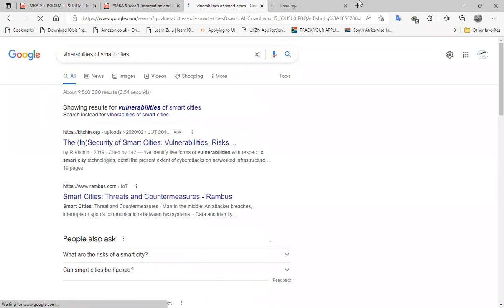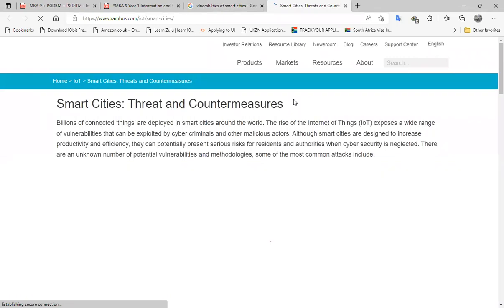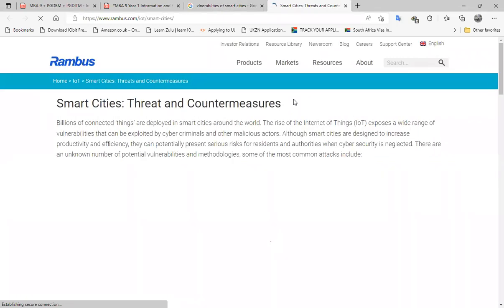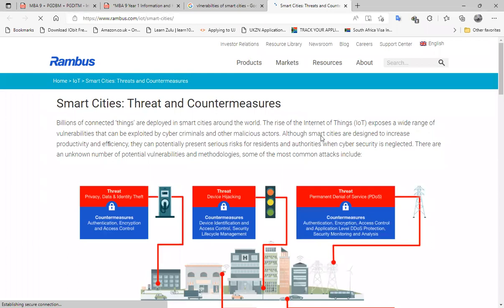I think you already know, right? This should be the last slide, because taking information from websites, what if the information that you're taking is wrong? That's the reason why at university they want you to use what is called peer review.